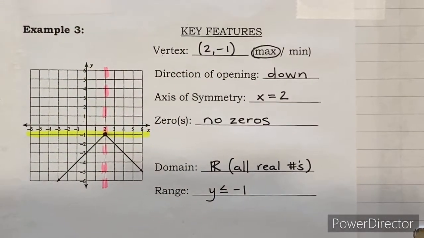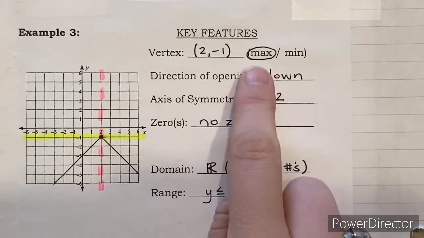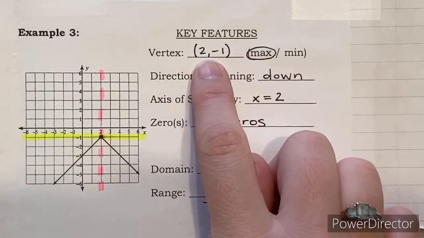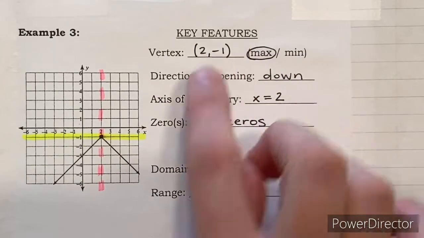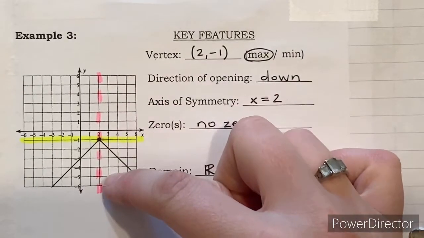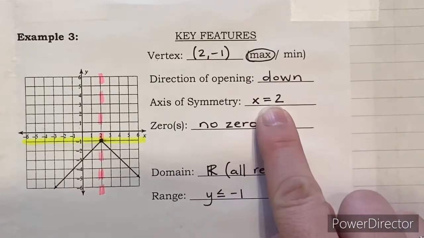As promised, I'm going to show you examples 3 and 4 just to make sure that you have everything correct. Example 3 is very similar to example 2 because both of them open down. Since they open down, our vertex is a maximum point. This vertex is sitting at (2, -1). Then I drew my pink line again, where the middle of the graph would be, at x equals 2.